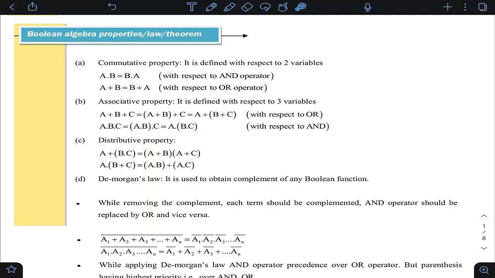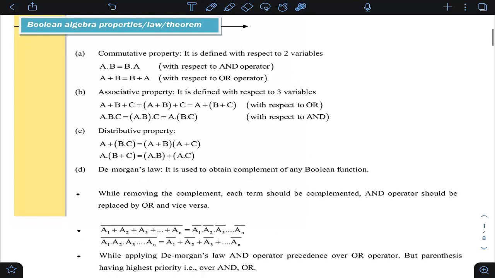Distributive property says that A plus BC is equal to A plus B with A plus C, and A dot B plus C is equal to AB plus AC. Here one simple thing I'd like to highlight, students, is this one. A plus BC equals A plus B with A plus C. So how is it happening actually? Let me tell you, and I'll be deriving shortcuts that we will use to solve certain questions.